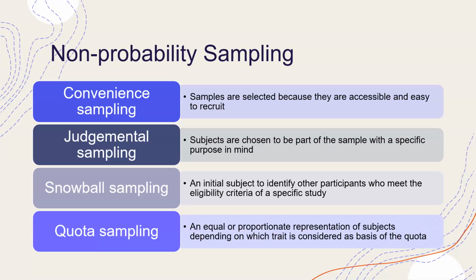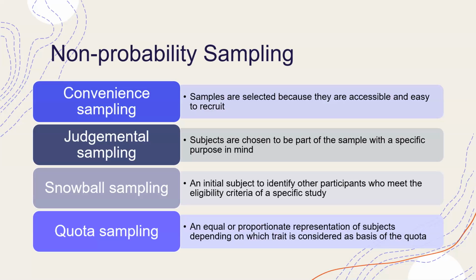Quota sampling is a non-probability sampling technique wherein the researcher ensures equal or proportionate representation of subjects depending on which trait is considered as basis of the quota. The researcher observes the specific characteristics of potential respondents before making a selection. The procedure is similar to convenience sampling, except that the number allocated for each group of respondents with specific characteristics are based on population statistics.